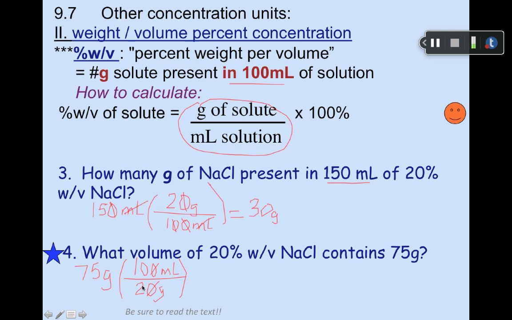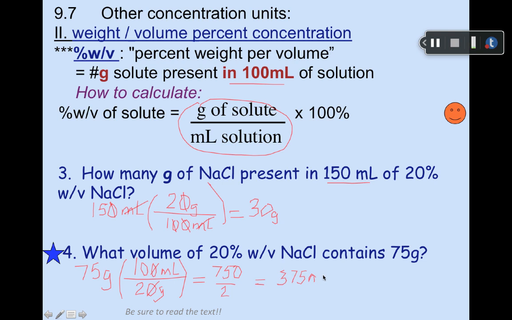And let's see, 10 divided by 2, we might know that that would be 5. So 75 times 5, okay, maybe you don't know that one. Otherwise, it would be 750, 75 times 10, divided by 2. And I bet some of you could get that one. Looks like 375. 375, what's the units then?